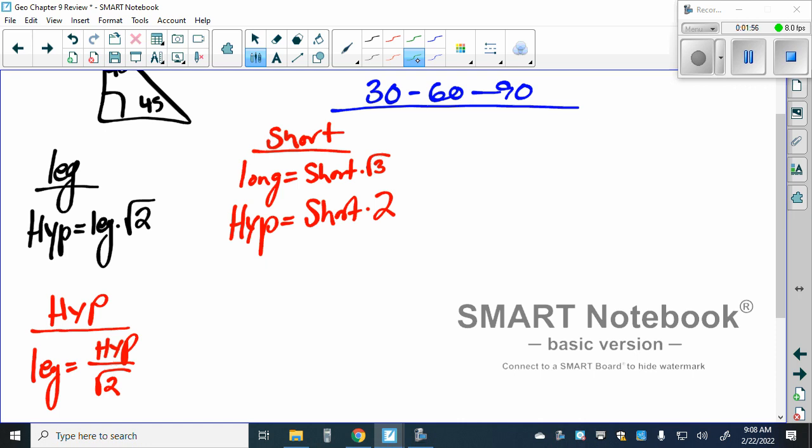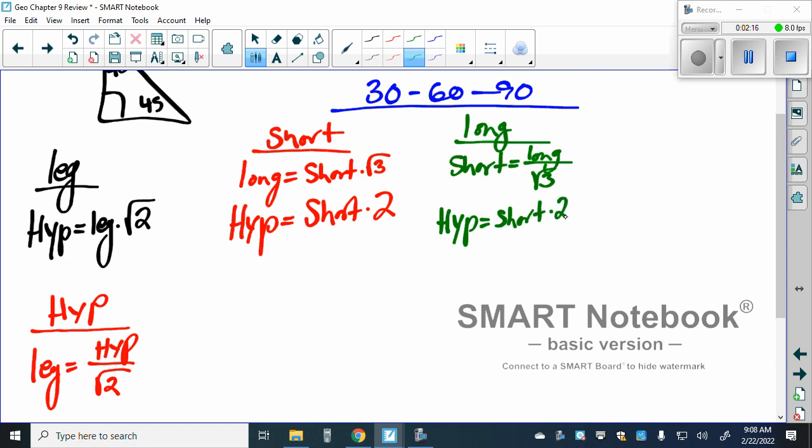The other case is the long leg, the side opposite the 60 degrees. The first thing we would do is find the short side, which was the long side divided by the square root of 3. And the hypotenuse is short times 2.